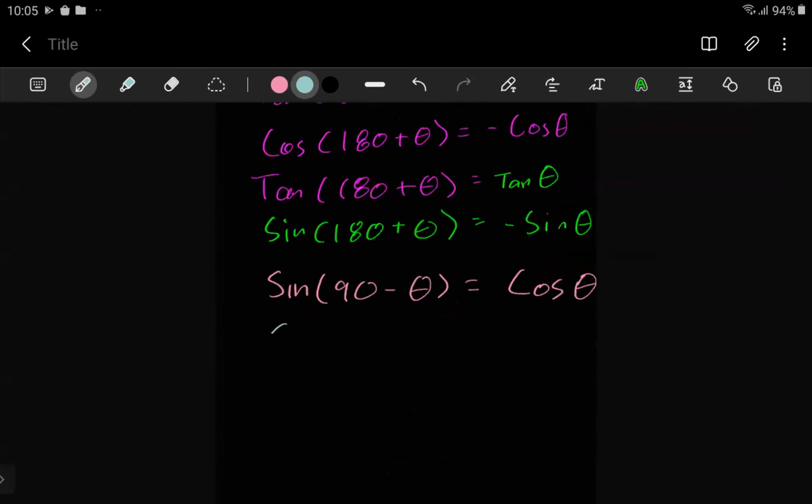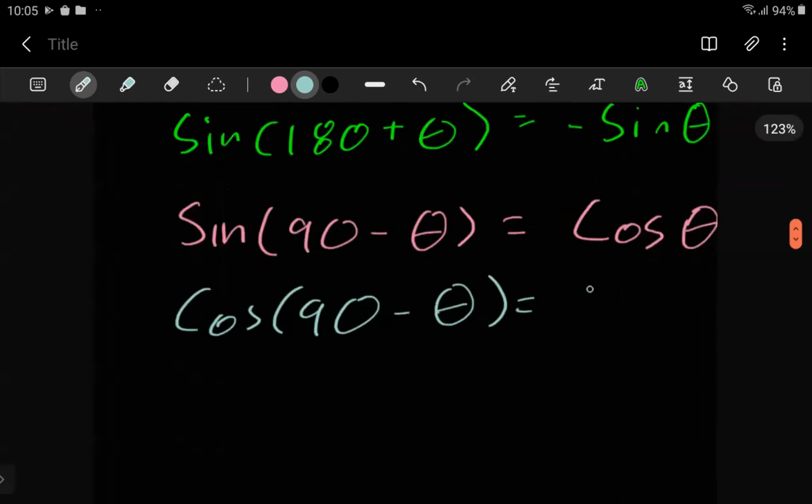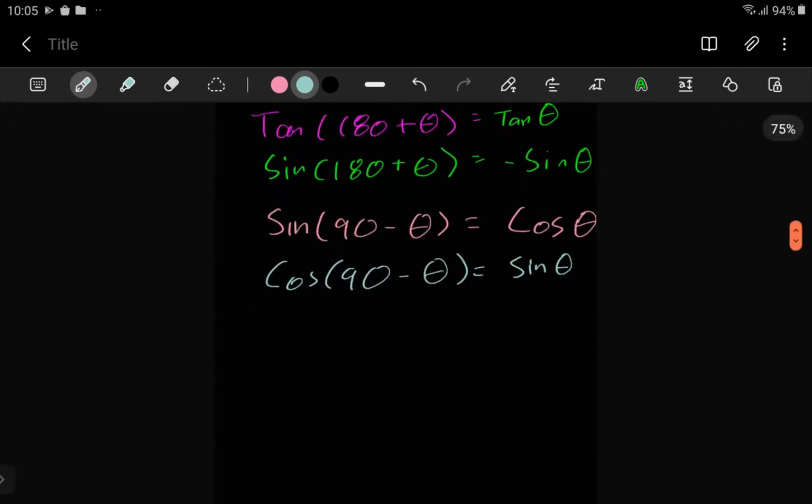What about this one? It's positive sine. Positive sine. Perfect. And then what about this one?